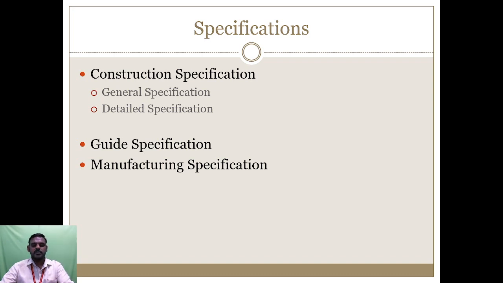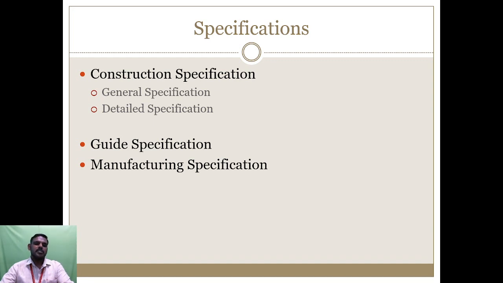The detailed specification shows all the materials and equipment which we are going to place in the structural activities. Based on that only we give a specification. Even before we start a construction activity, we have to decide what material we are going to place in that location.